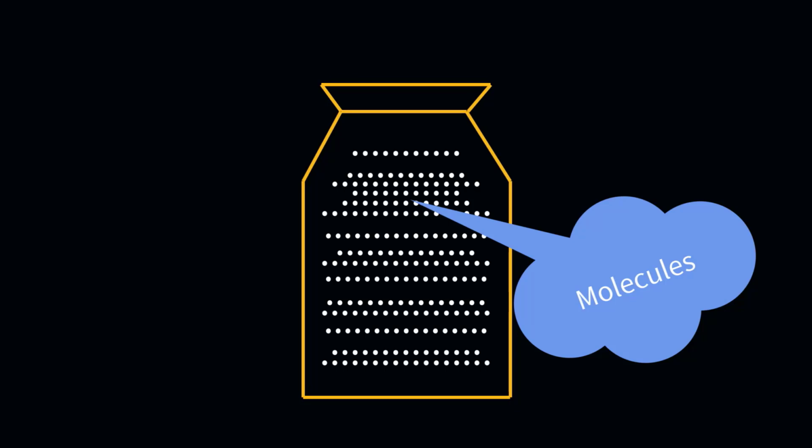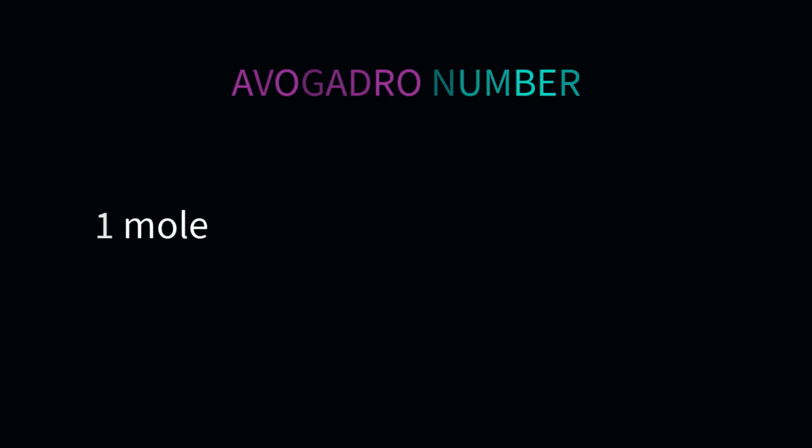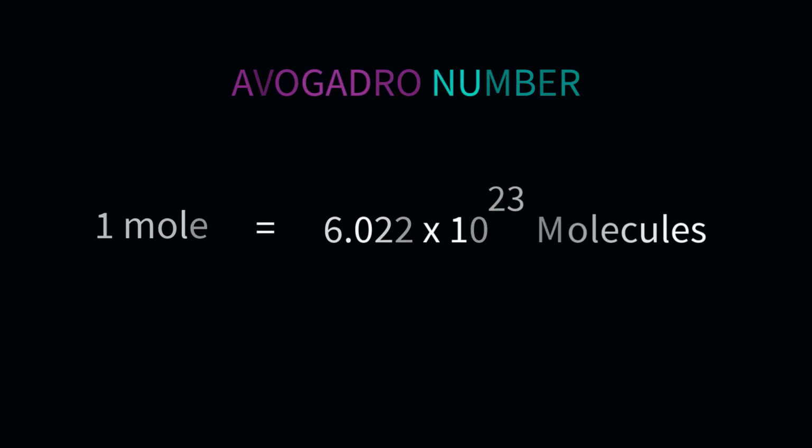Now the question is how can we estimate the number of molecules present in a 1 mole, 2 mole or 3 mole sample? Avogadro has given us a number to get rid of this problem, which is known as the Avogadro number, and that is 1 mole is equivalent to 6.022 into 10 to the power 23 molecules.